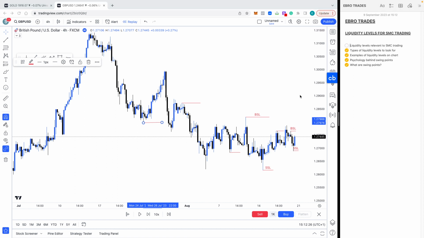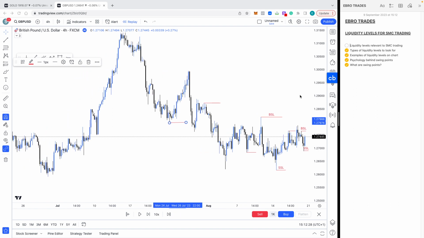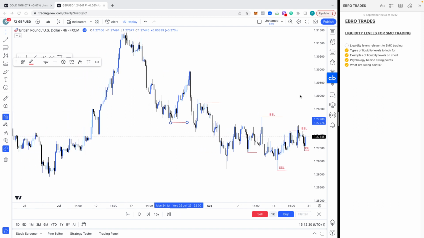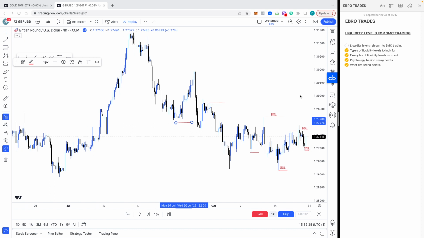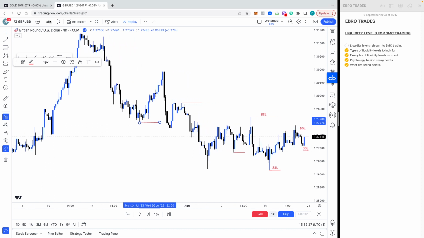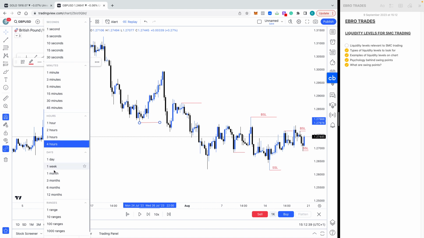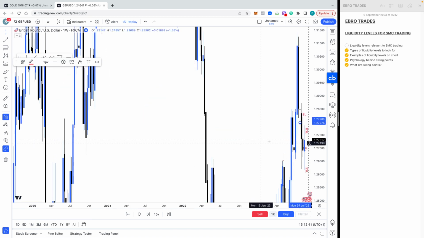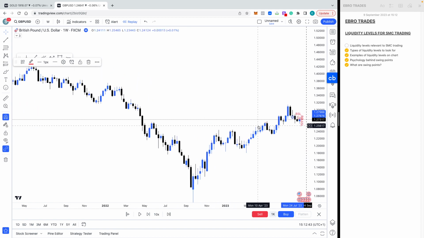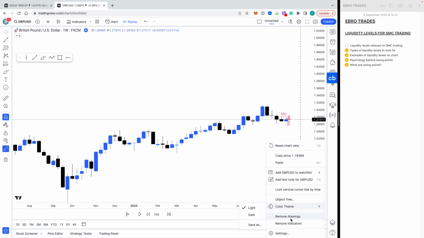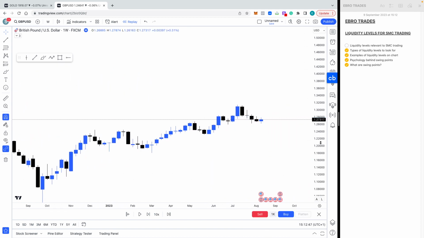Now, what are the liquidity levels that are most relevant to your trading on the charts if you are looking into smart money concepts and that sort of thing? Well, for me, I'd be looking at firstly the weekly time frame. So we zoom out on the chart here, we clear all drawings.